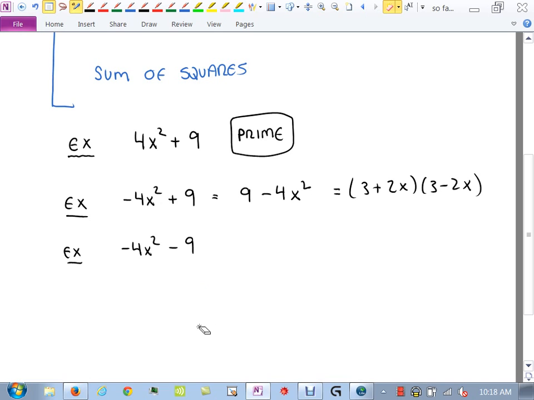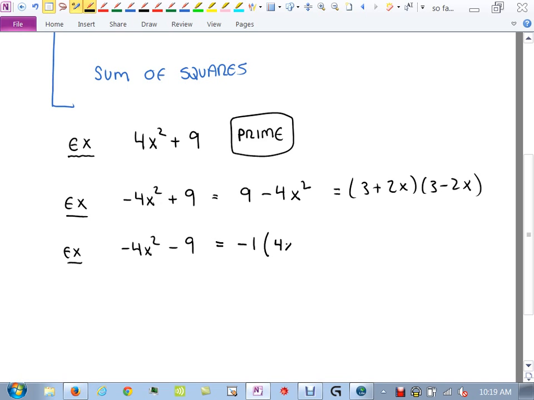All right, but what would we do with this? Is this a difference of squares? Do I have a positive thing minus something? No. Is it a sum of squares? No, not really, right? There's no plus. But just watch this. This isn't going to be crazy. I'm going to factor a negative 1 out as a GCF. What would I get if I factor a negative 1 out?